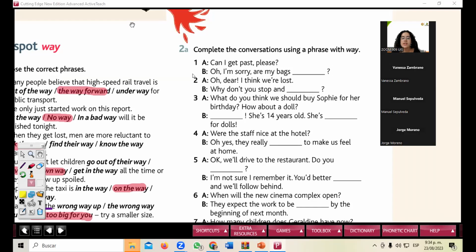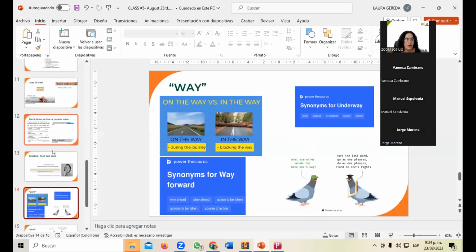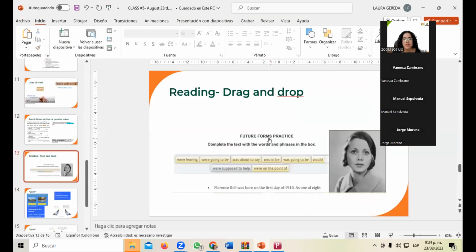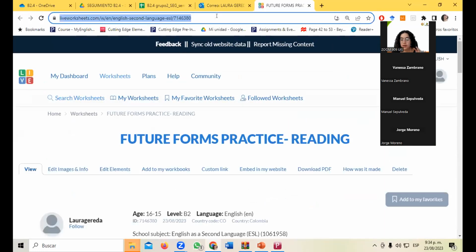All right, very good. All right, guys, so this is the end of our practice with the book for today. And the last activity is a reading activity. I want you to do it in couples, working in pairs. It's a very easy activity.